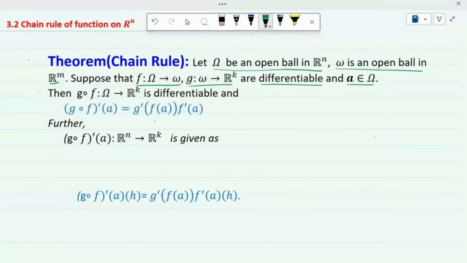So if a belongs to Omega, then g composition f, a function from Omega to R to the power k, is differentiable, and it is given as (g composition f) dash a is equal to g dash f(a) multiplied by f dash a.